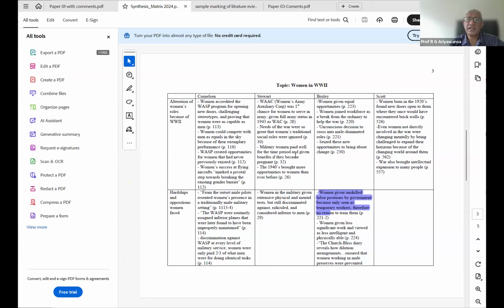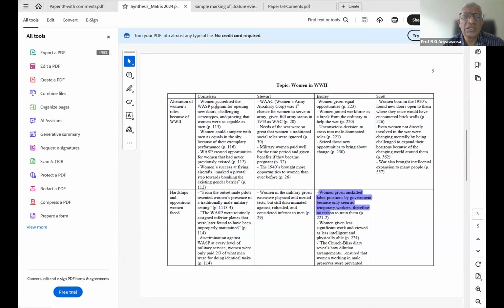These are the ideas given by Burley, and different ideas about the women's role by Scott. So four authors, four pieces of literature, pointed out different views about the women's role during World War II. Clear? I think clear, right?